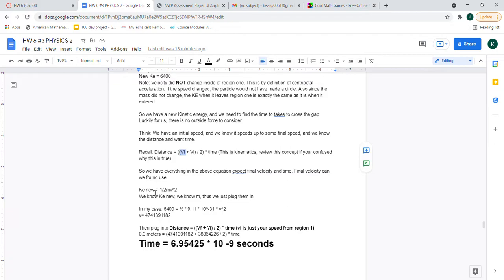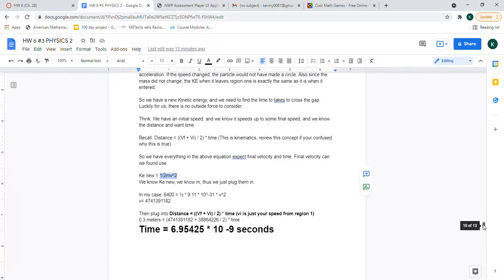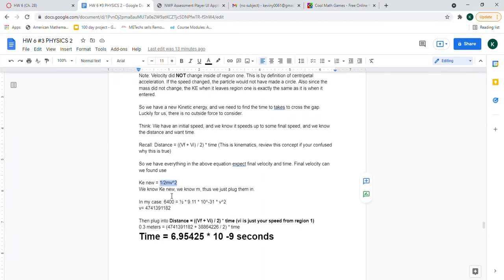For final velocity, we can just use our new kinetic energy at the end, which was 6,400 in my case, and plug it into 1/2 mv squared. We know what m is. It's just the mass of an electron. We know KE new, because we solved it before, and then we can find velocity squared.